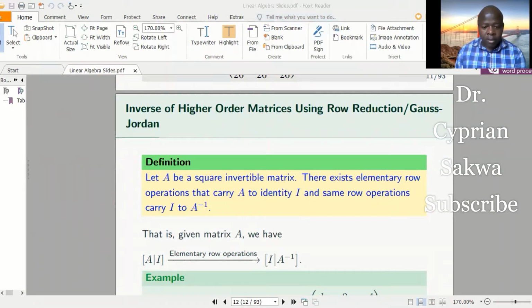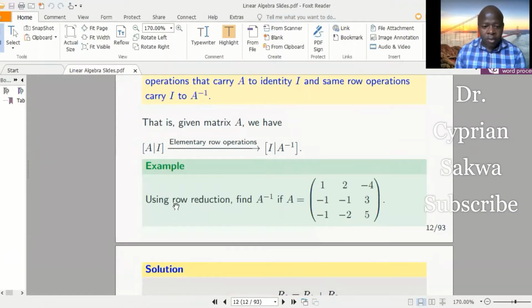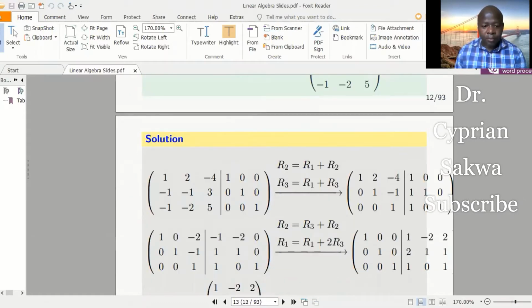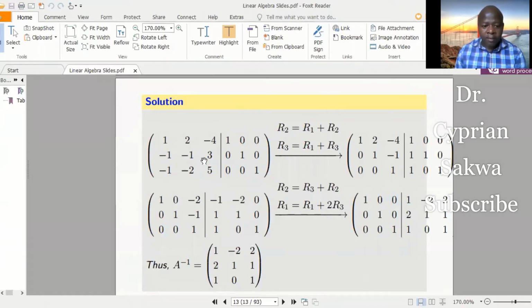So let's use an example to make it clear. The question is, use row reduction to find the inverse of A when A is this. So we write the matrix that we've been asked here, and then there's this vertical line, and we write the identity matrix. This is a 3 by 3 matrix, and therefore we'll write here a 3 by 3 identity matrix.